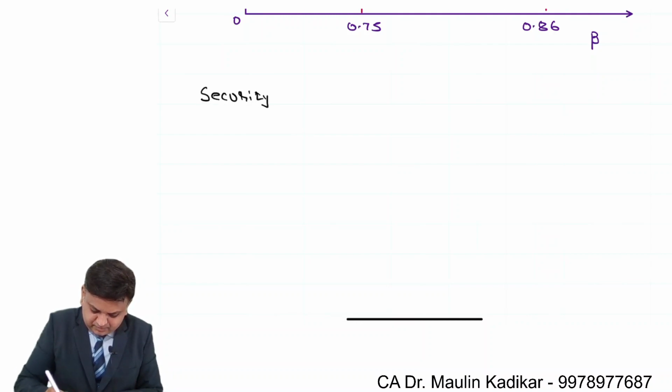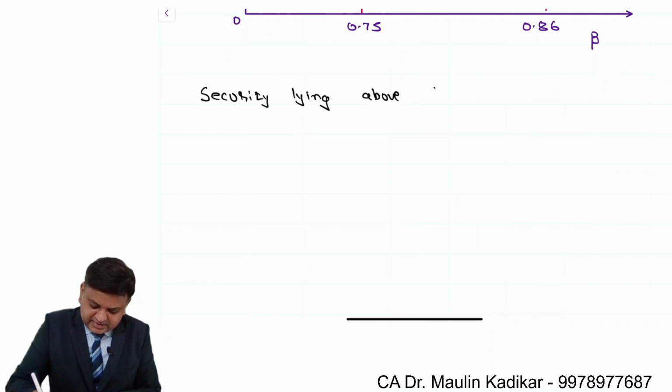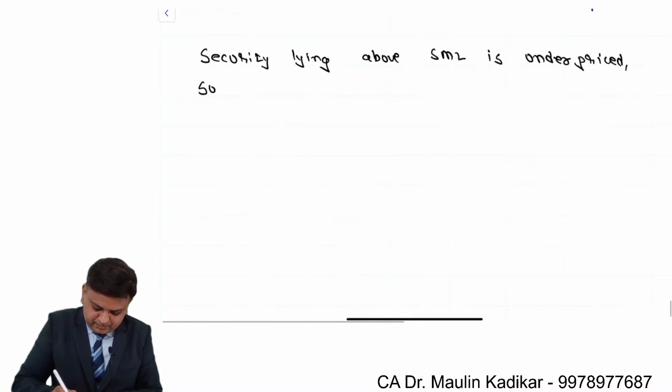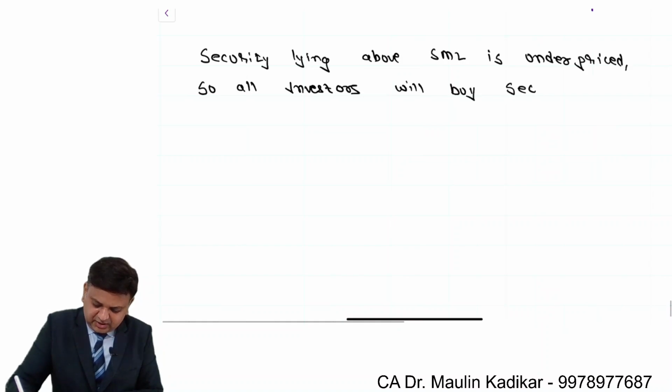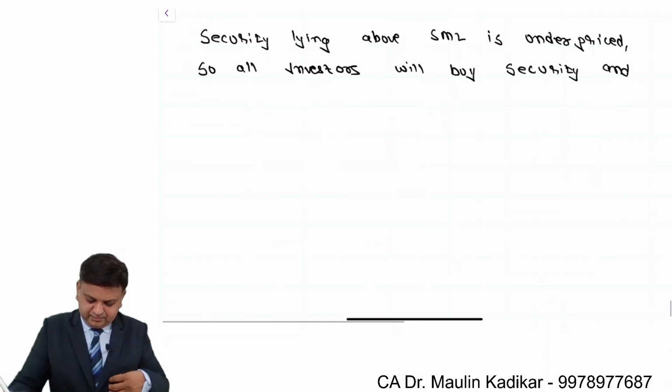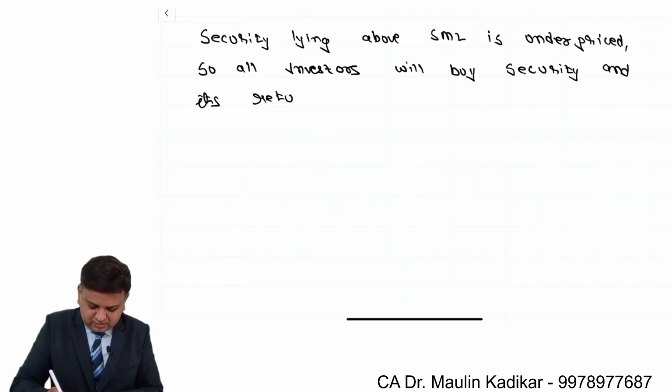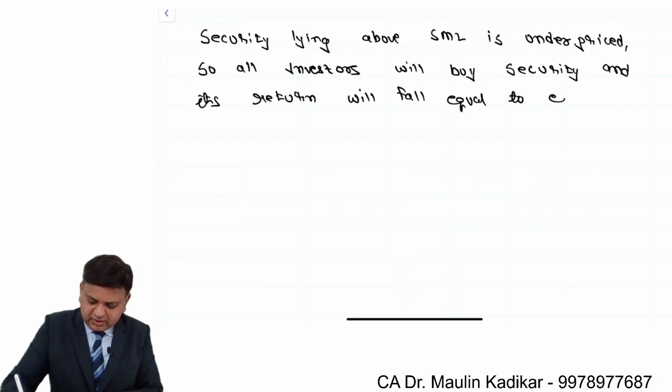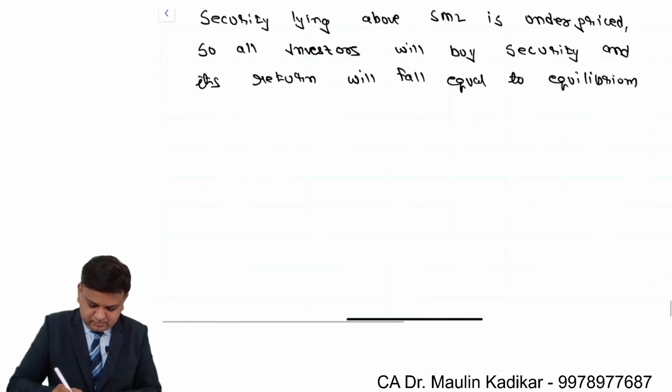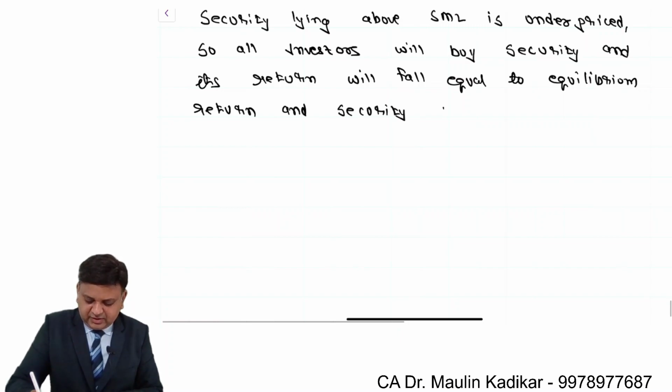A security lying above SML is underpriced, so all investors will buy the security and its return will fall equal to the equilibrium return, and the security will lie on SML.